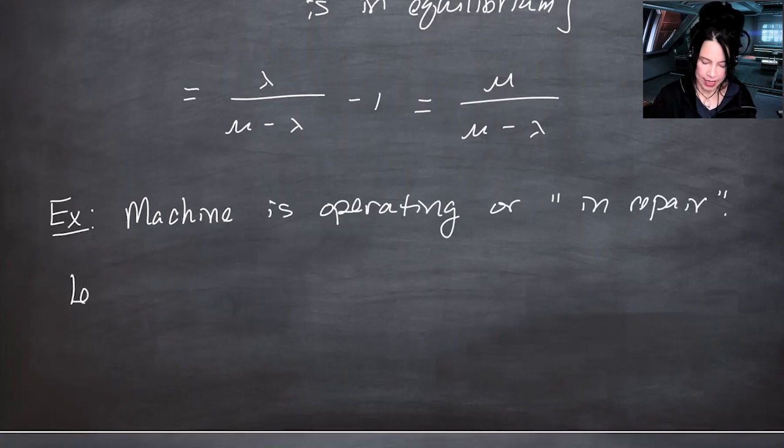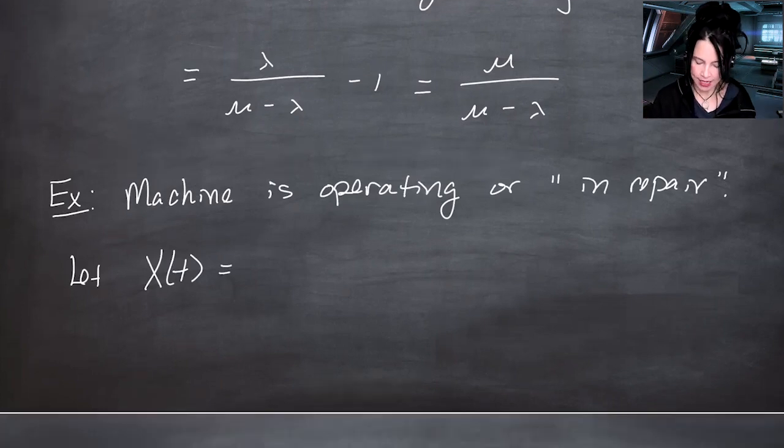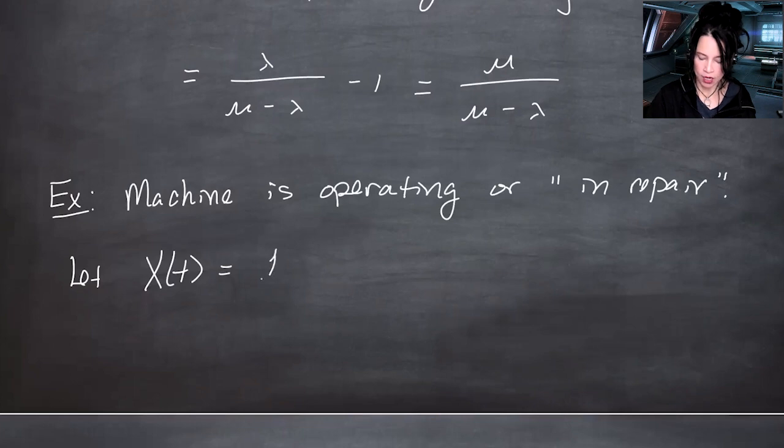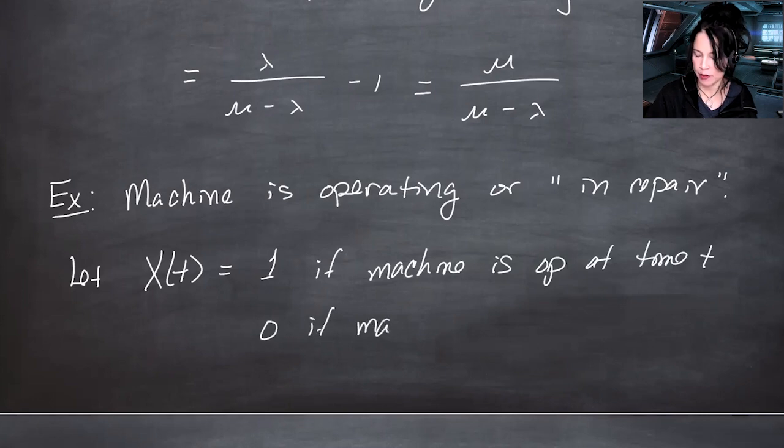And I'm going to let X of t be, I think I did this the opposite way on one of the homework problems. That's why I said this is just like it. I'm going to let it be 1 if the machine is operating at time t, and 0 if the machine is in repair at time t.